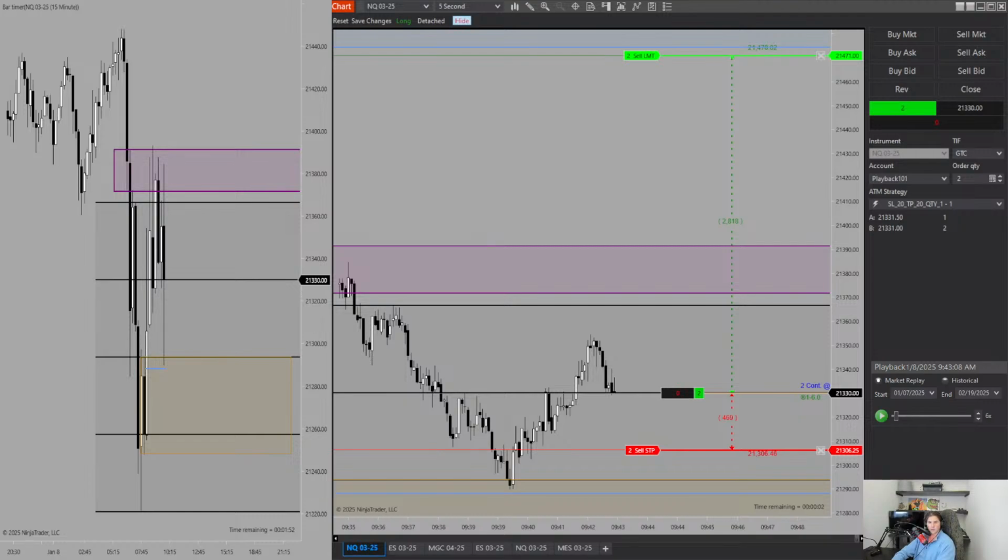NQ long on limit, quantity 2, entry price 21,330, expected exit 21,471. That's a lot, but we'll manage the trade. Original stop 21,306.25. So if this were to play out, it'd be a 6-1.